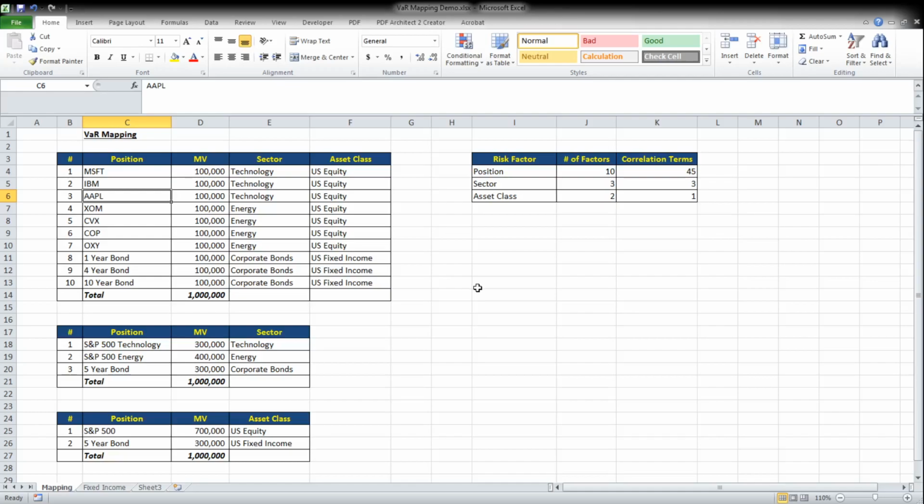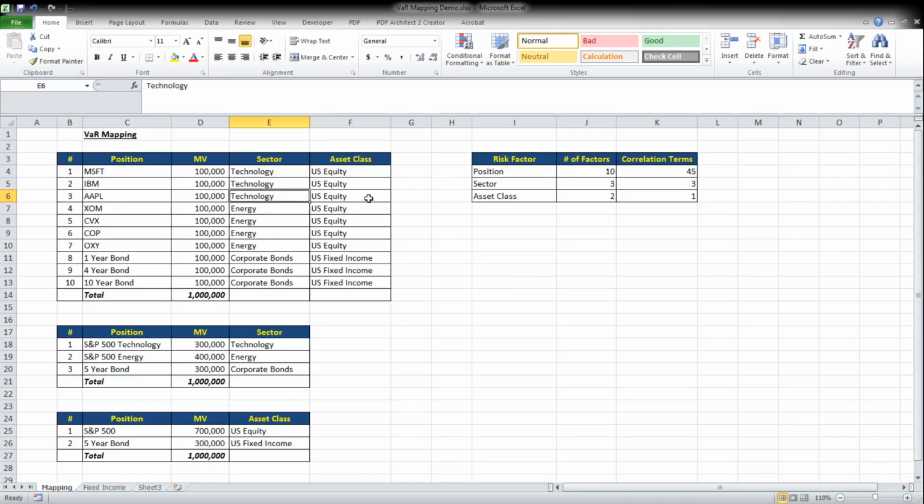For example, there was an IPO recently and we just acquired this stock. So to estimate the volatility of this stock or the risk of this stock, you don't have enough history to do that. So instead of that, you may recognize that it's a technology stock, so the risk will be very similar to that of the technology sector.